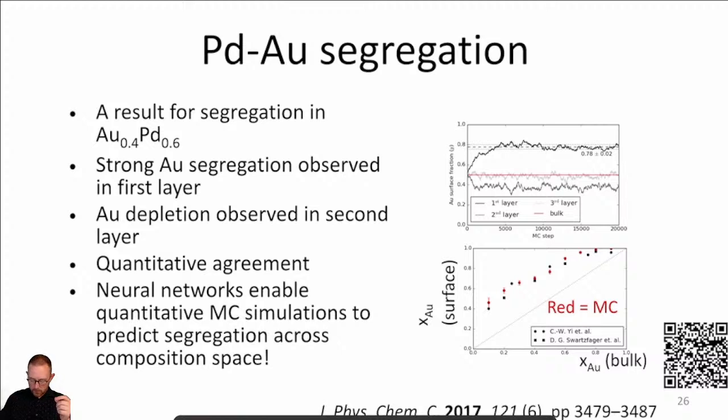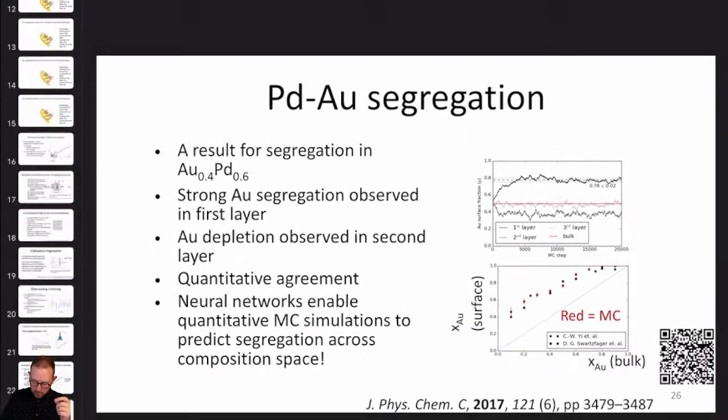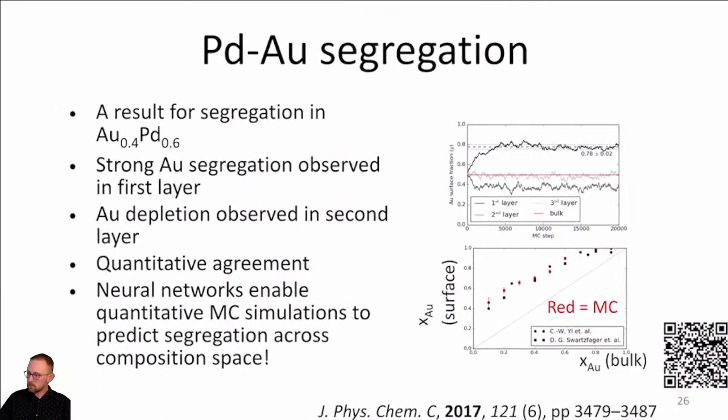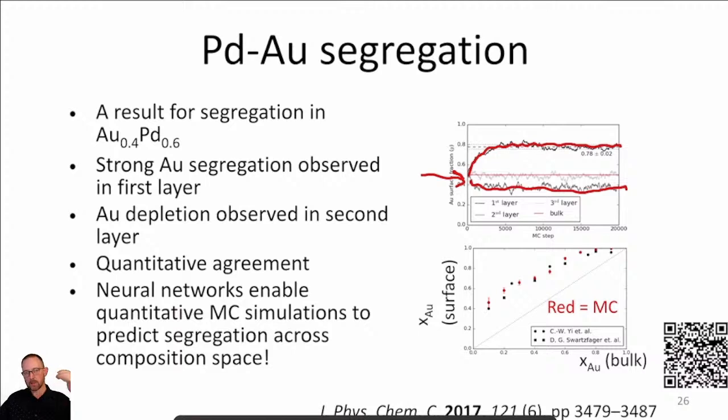So for example, here we start out with the bulk composition of gold 40, palladium 60, and as the Monte Carlo runs, what you see is that the fraction of gold goes from 40% up to about 78%. And in the second layer, it is depleted. So what's happening is the second layer gold atoms are moving to the surface, and the palladium atoms in the surface are moving into the second layer.